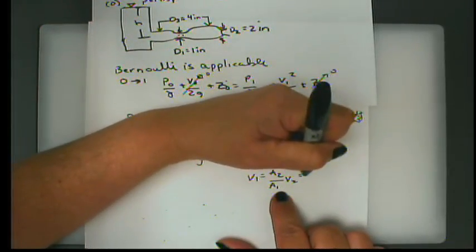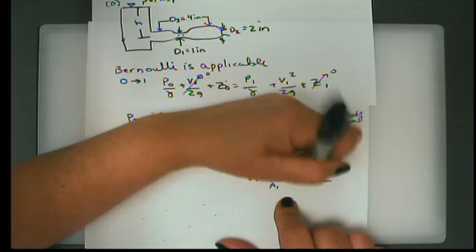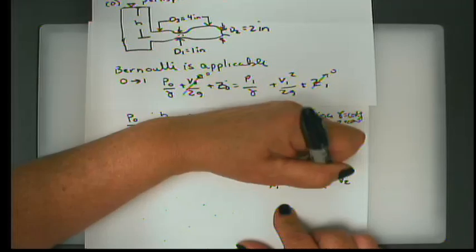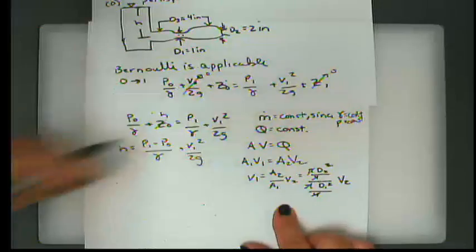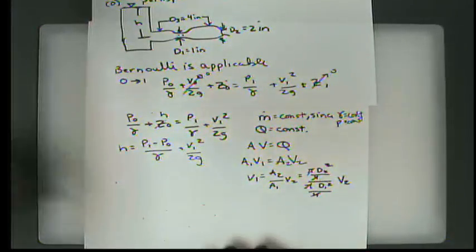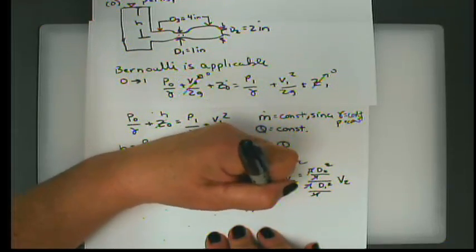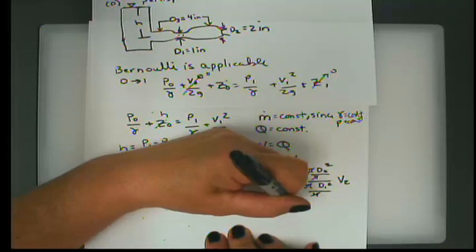So A2 is going to be pi d2 squared over 4, and A1 is going to be pi d1 squared over 4. Fortunately, the pi's and the 4's cancel out, and we just get V1 equals d2 squared over d1 squared times V2.